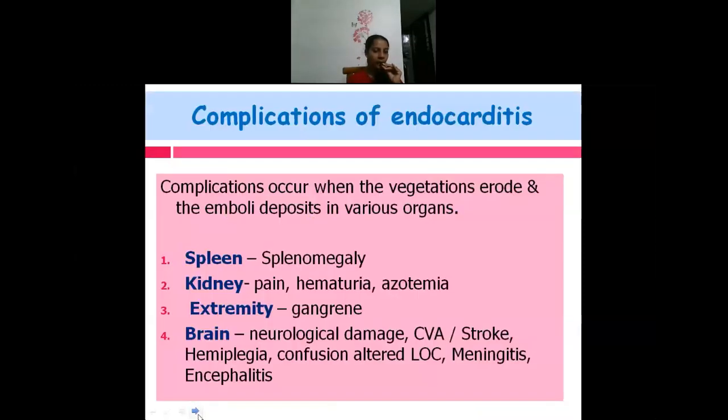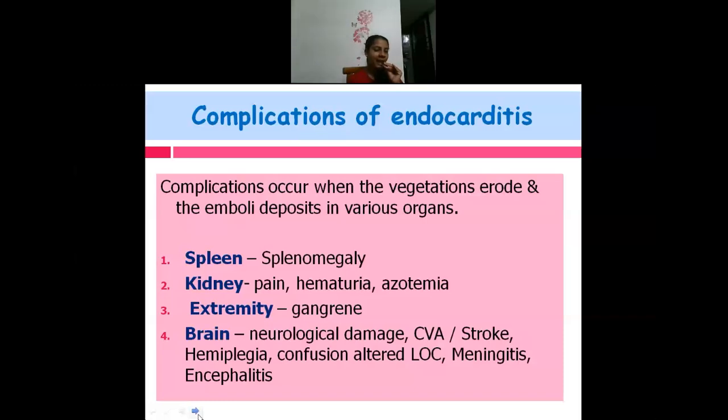Complications of endocarditis. I already told why the complications are seen, mainly because there is thrombus formation. Later it may result in septic emboli. This emboli can get dislodged anywhere in your major organs, like your spleen, kidney, heart, bone, brain. Everything is affected. In the spleen they will see enlargement of the spleen, that is called splenomegaly.